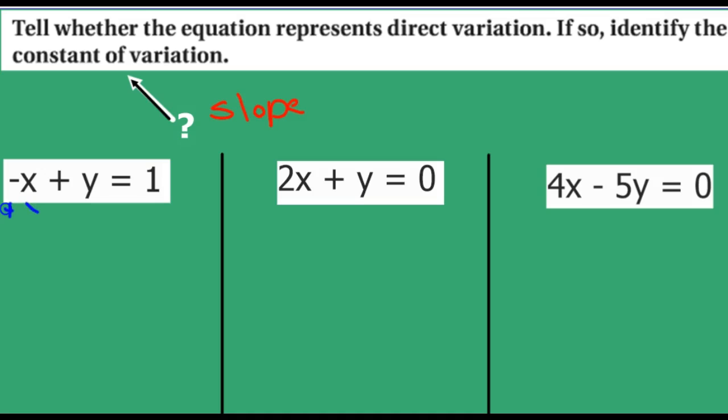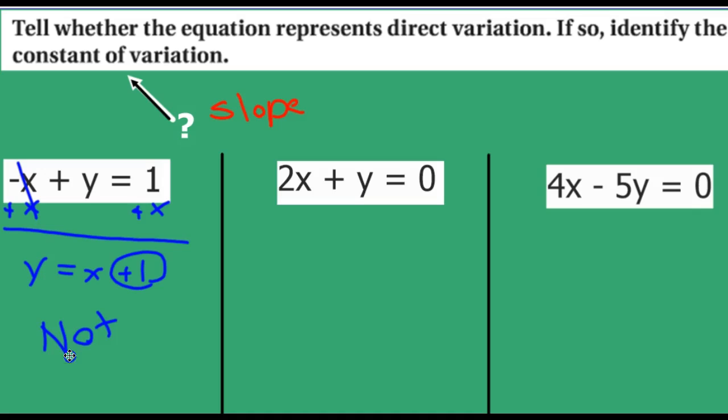We're going to add x to move it to the other side. So we get y equals x plus 1. Now this one has a y-intercept. That's plus 1, so we know that this one is not direct variation.